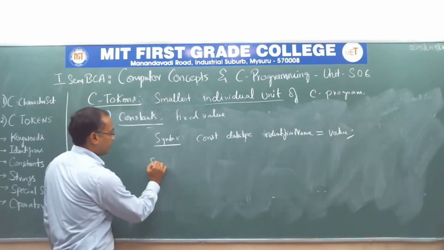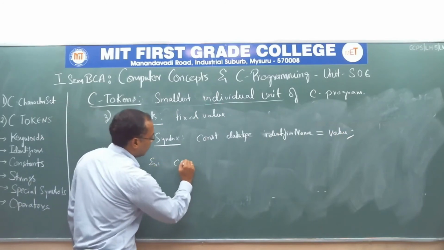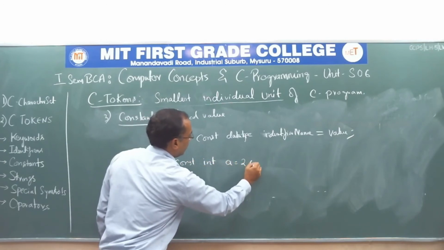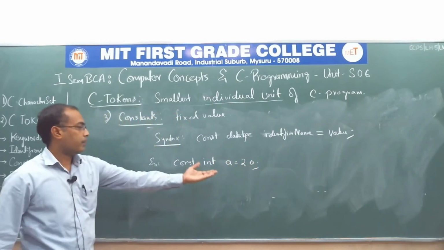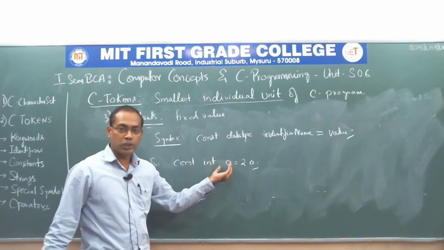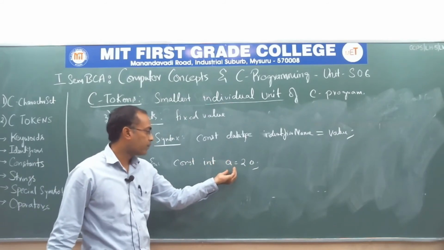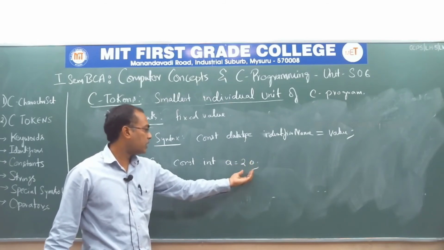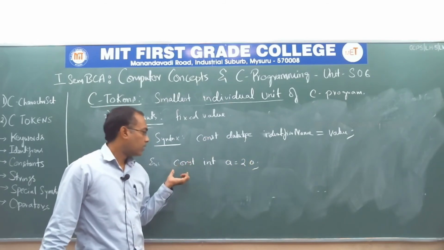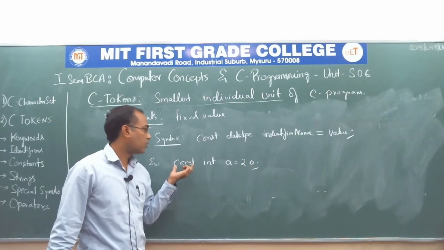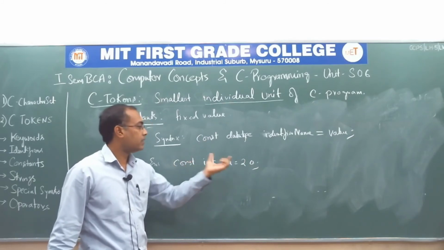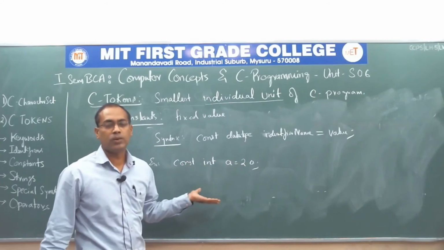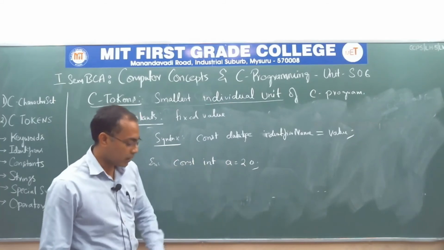I'll take one example: const int a = 20. So I am creating a named location called a in memory, and its value is assigned as 20. It is given the meaning of constant, which means that this value of a cannot be changed during the course of execution of the program.